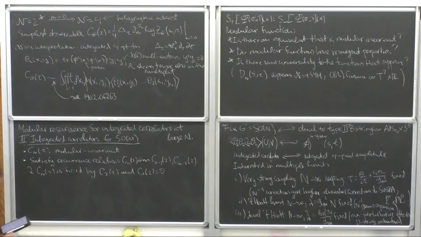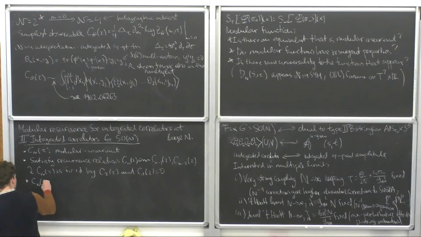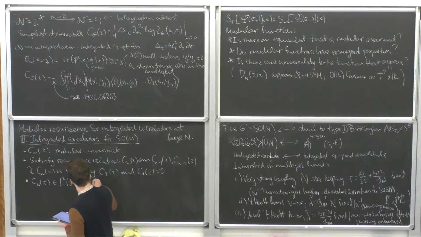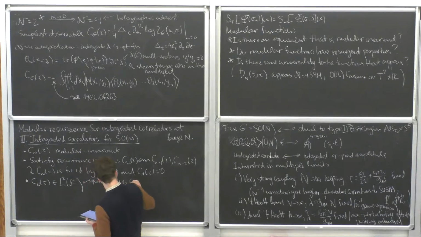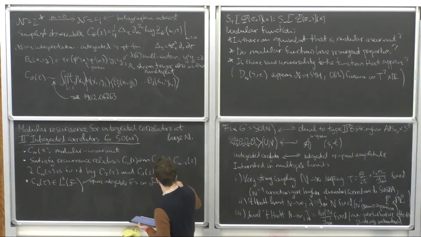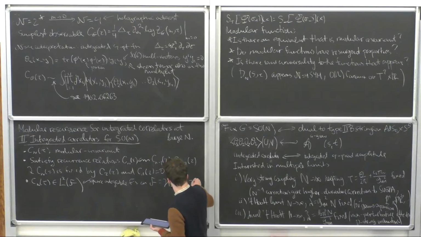It's a very surprising result, certainly. Then the next thing we can say is that the C_N of tau actually lies in the space L2(F), which is the space of square integrable functions on the fundamental domain of SL(2,Z), which is the upper half plane quotiented by SL(2,Z).